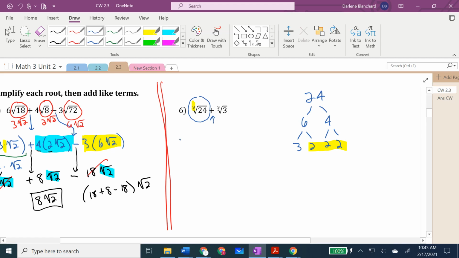The cube root of 24 is also the cube root of 3 2's multiplied, and I'm just going to put down that that's 8 times 3. You are allowed to split multiplication under a root. The cube root of 8 is 2.